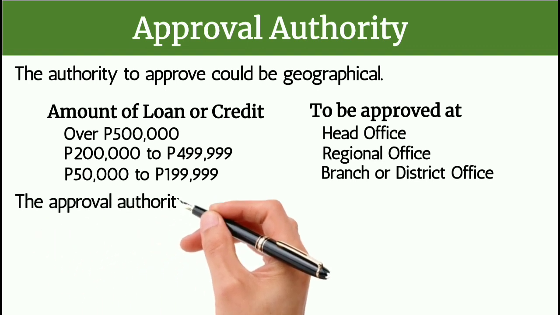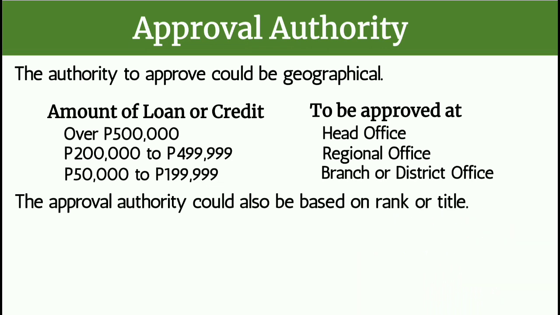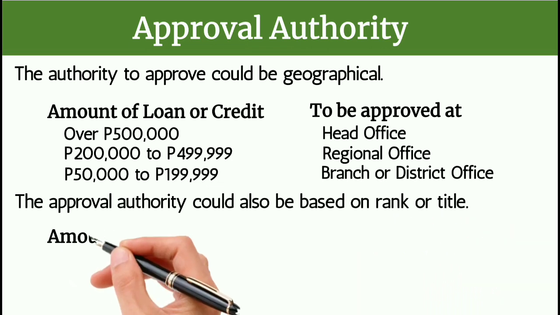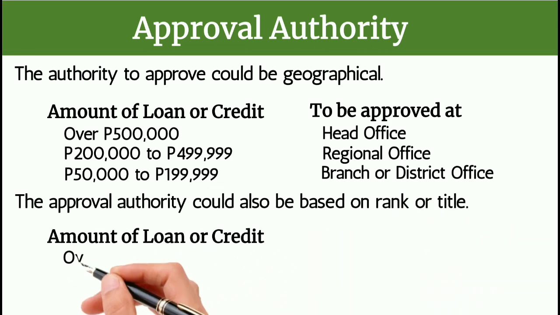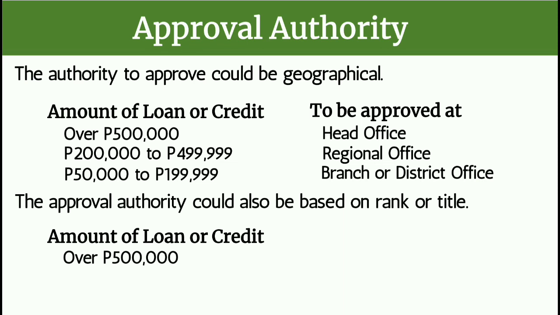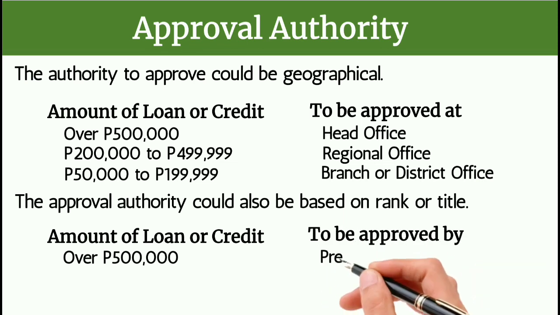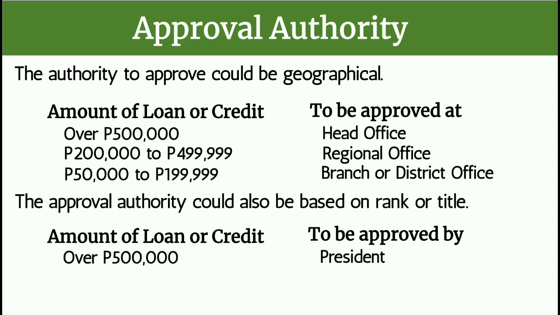The approval authority could also be based on rank or title. Let's say the amount of loan or credit is over 500,000 pesos. If the amount of loan or credit is over 500,000 pesos, that is to be approved by the President.